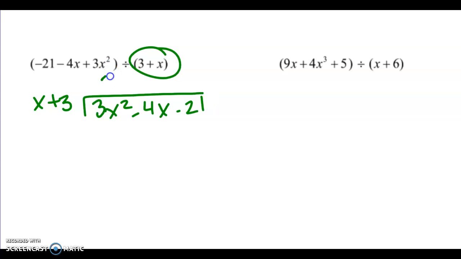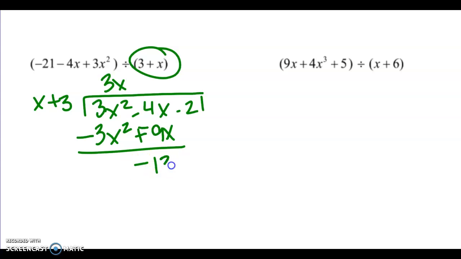So x into 3x squared is 3x. That's going to give me 3x squared. That's going to give me plus 9x. I'm going to subtract. That means that subtracts. That means that's negative 13x minus 21. X into negative 13x, that's a negative 13. So a negative 13x. And a negative 13 times 3 is going to be a negative 39.